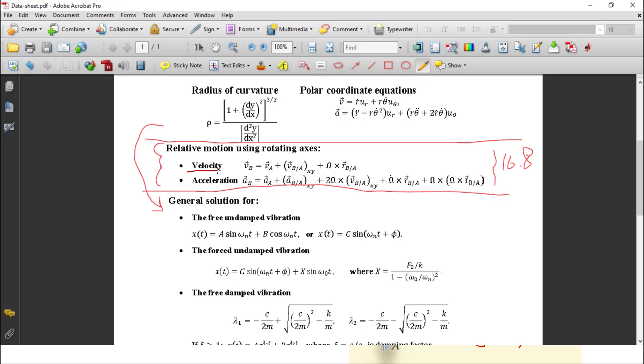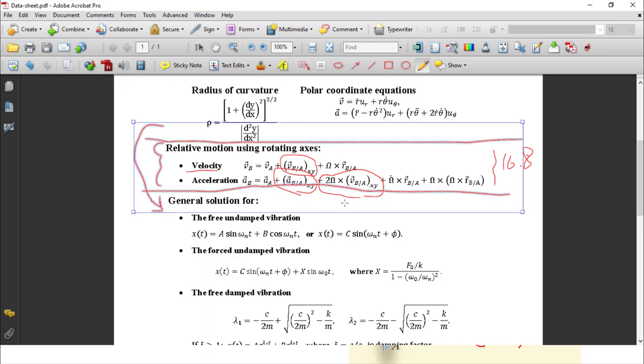Here is the velocity equation, up to here. So this is the extra component in this equation. If we erase it, then we go back to section 16.7. For the acceleration, this is the new component, and here is the second component. This is the Coriolis, as we mentioned. And this is the relative acceleration of the primary with the secondary coordinate system.